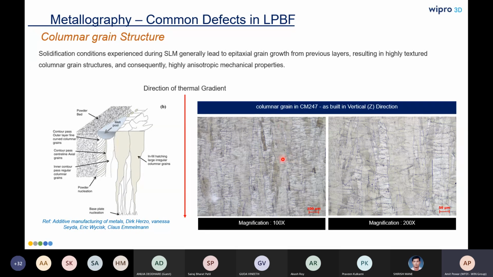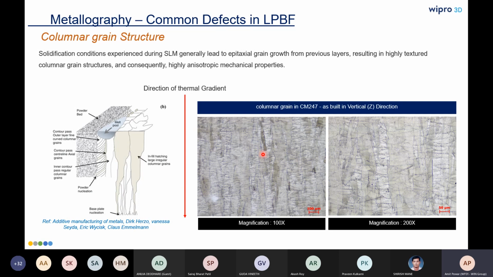So here you can see this is a micrograph in the vertical direction, basically the build direction. You can see that the columnar grains are aligned in a vertical direction, because when you are melting the top layer, the heat gets transferred to the base plate, and these grains are aligned vertically.